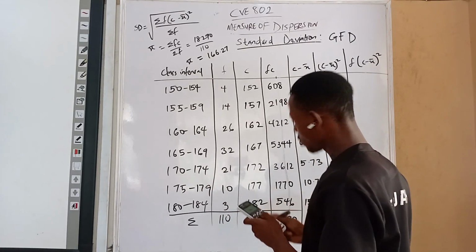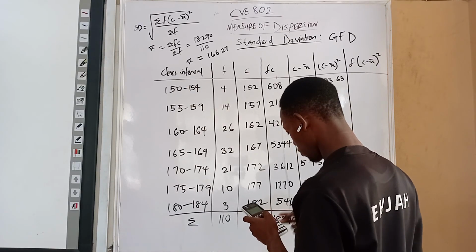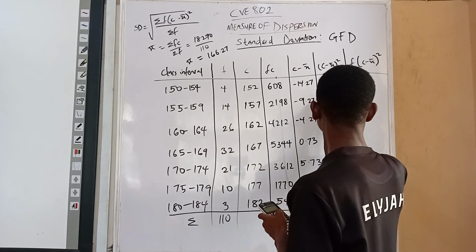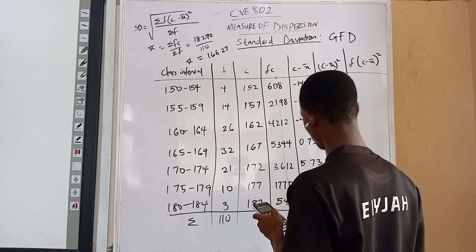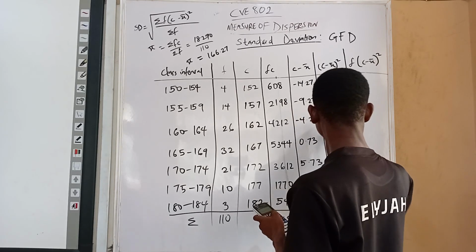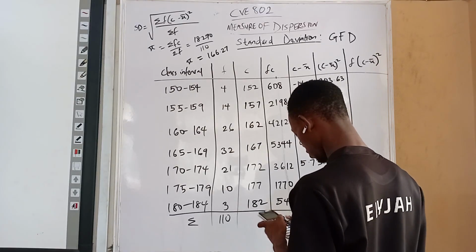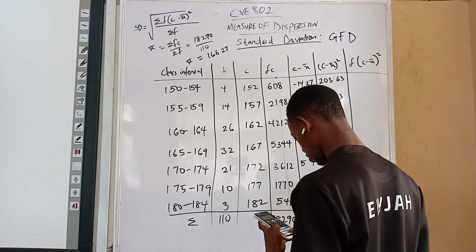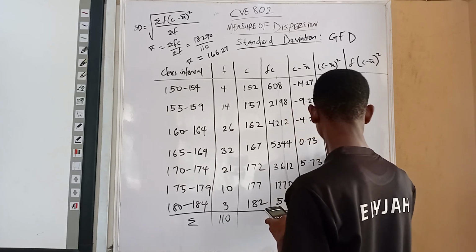203.63. Okay. Then 9.27 squared is 85.93. Then 4.27 squared is 18.23. Then 0.73 squared is 0.53.